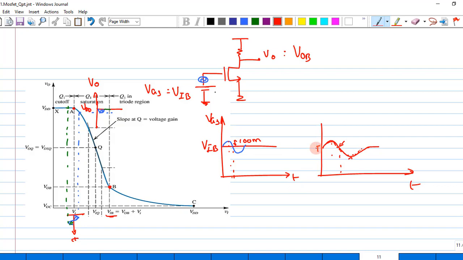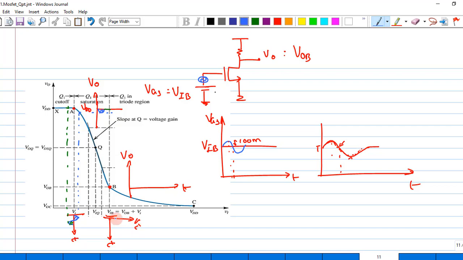Now let us see how the output reacts. Let me plot the output graph as well as the input graph over time. This is my Vout, and this is my Vi.